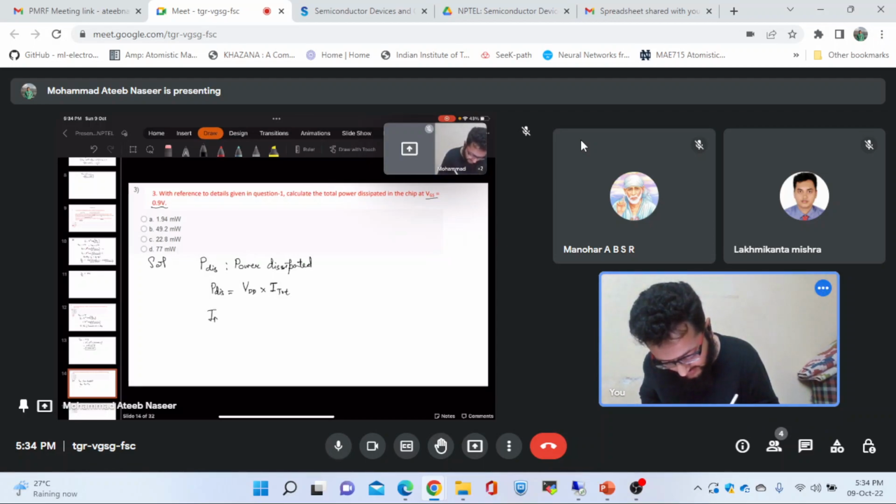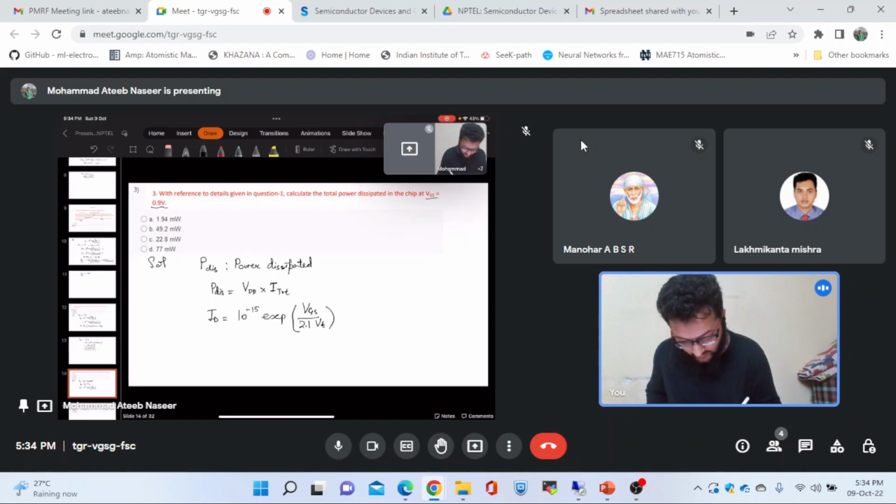Now we have to calculate this total current first for this bias. Let us write down ID is equal to 10 to the power of minus 15 exponential of VGS by 2.1 VT. So it will simply mean 10 to the power of minus 15 into exponential of 0.9 by 2.1 into 25.9 into 10 to the power of minus 3.